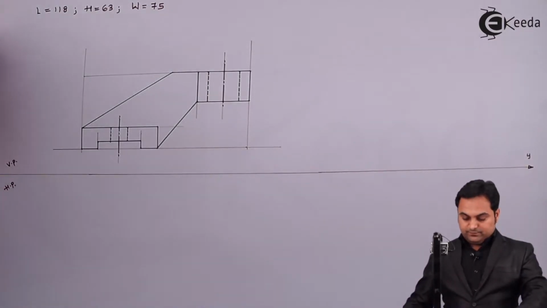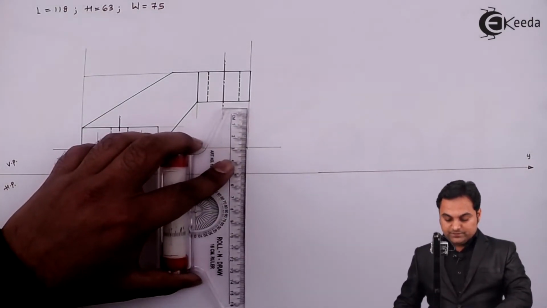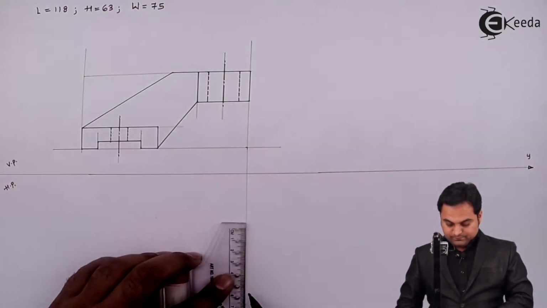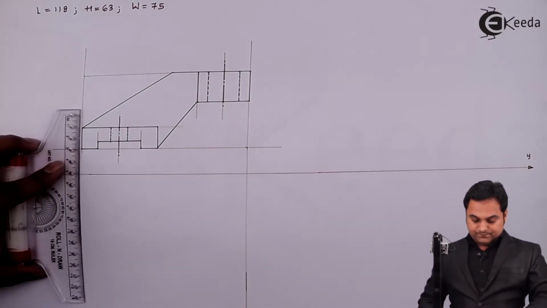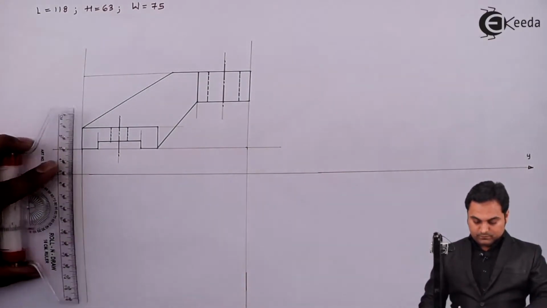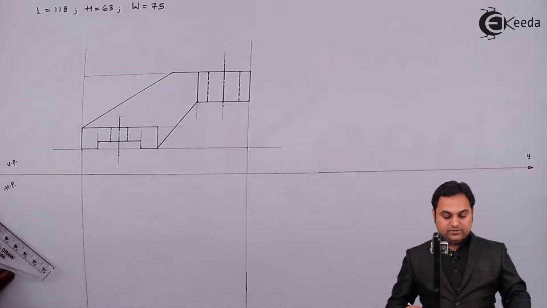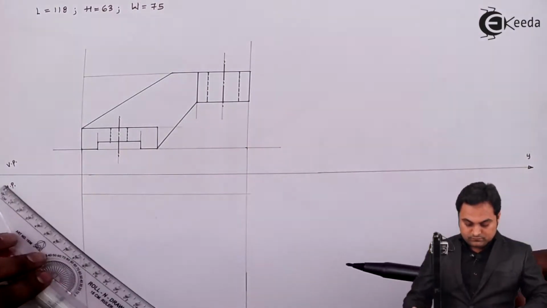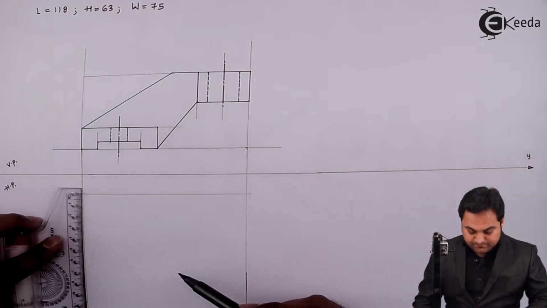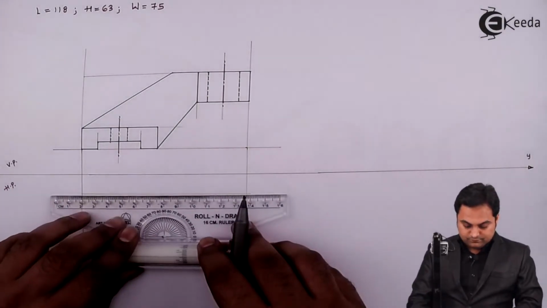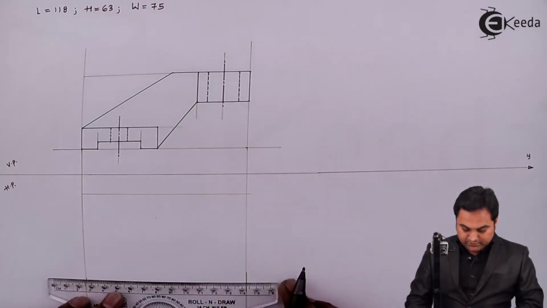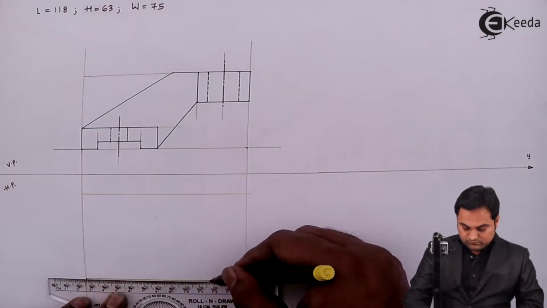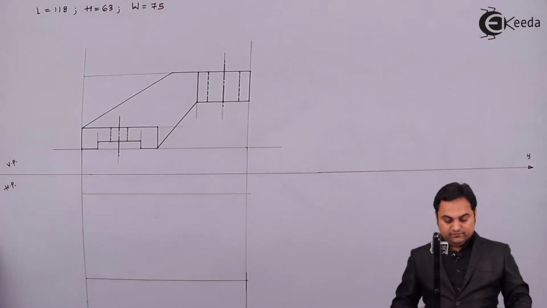So first, taking the length downwards, drawing a light vertical line, then the width is 75 mm, so measuring 75, drawing a light horizontal line through it. So this is the rectangle for the top view.